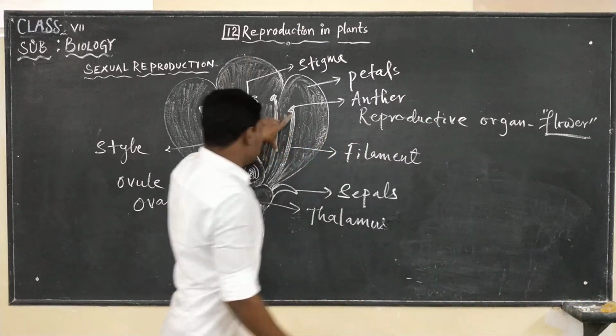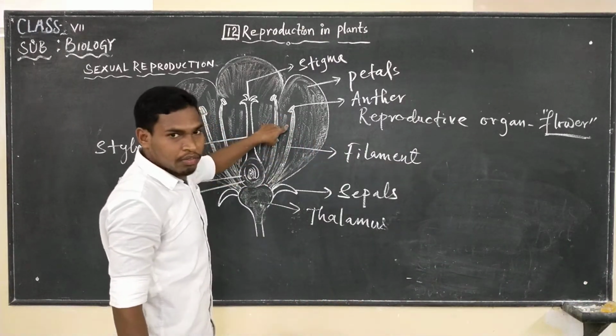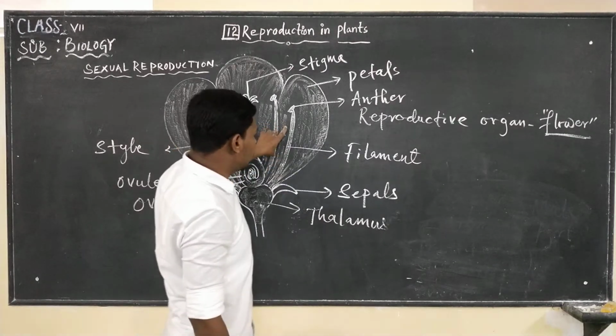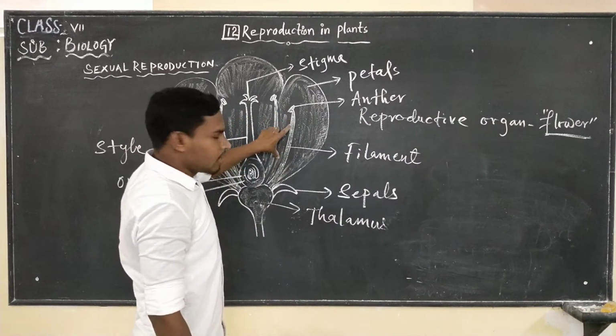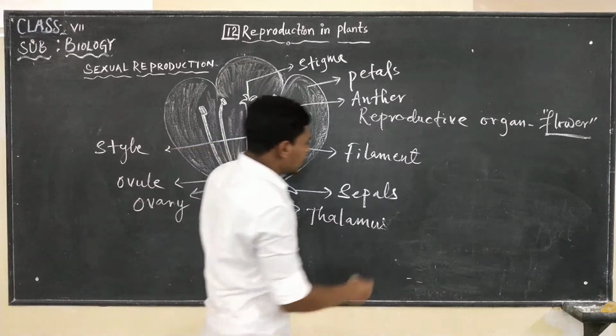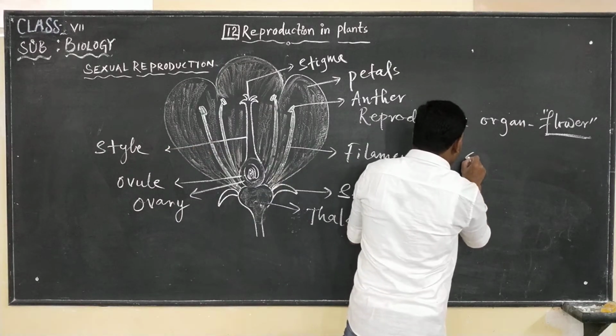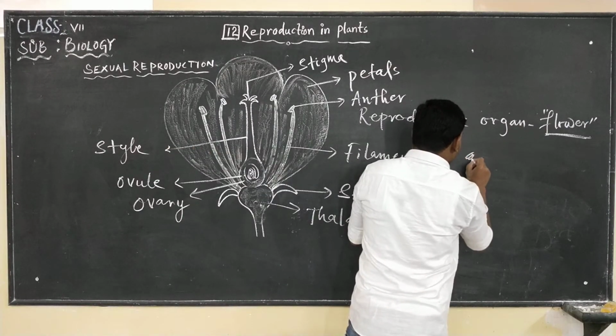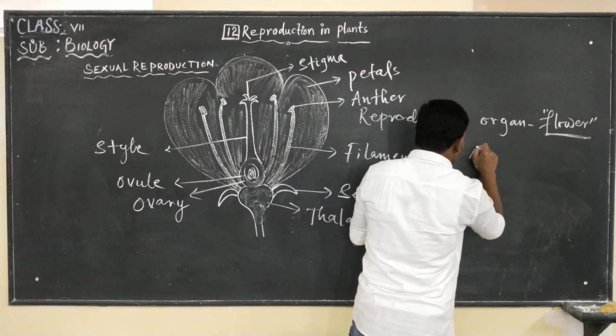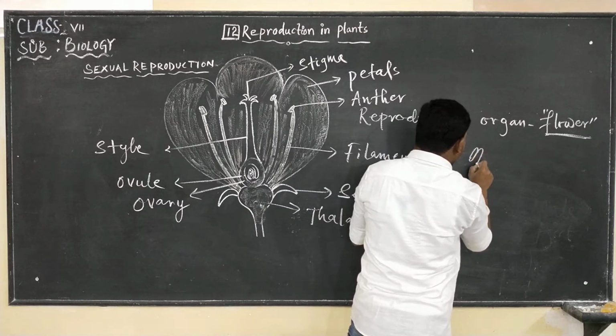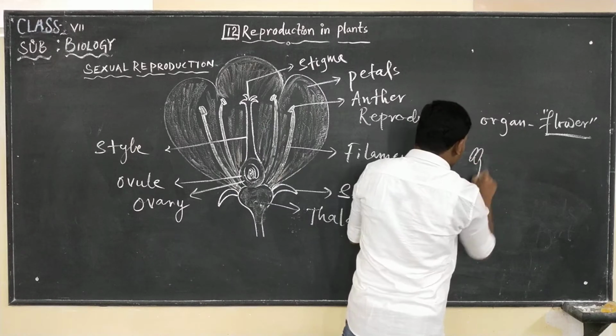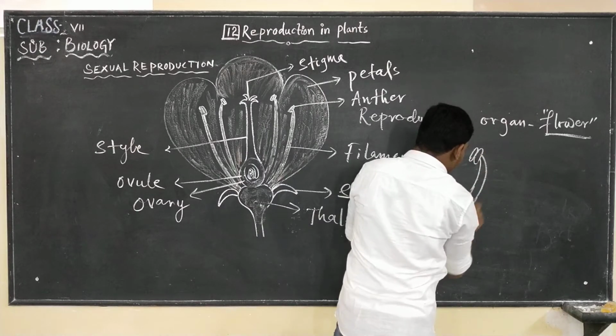So this is the male part of the flower, known as stamen. Stamen will have anther and the filament.